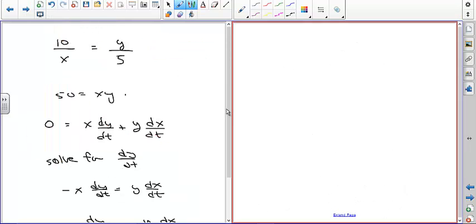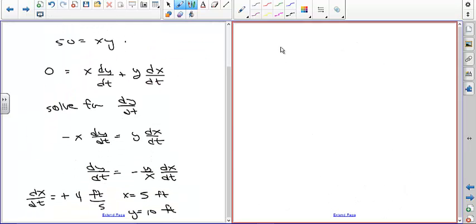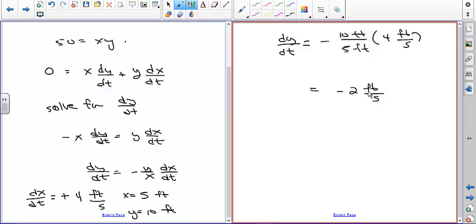To find the rate of change, all I have to do is plug in the numbers. dy/dt is equal to negative y divided by x times dx/dt, which gives you negative 8 feet per second. 10 divided by 5 is 2, so 2 times 4 is 8.